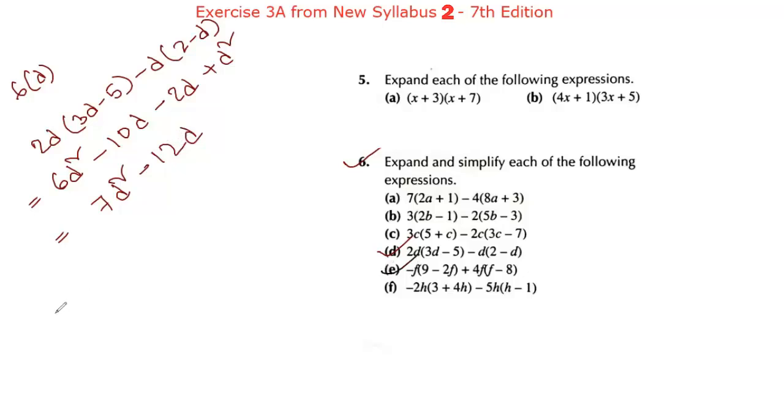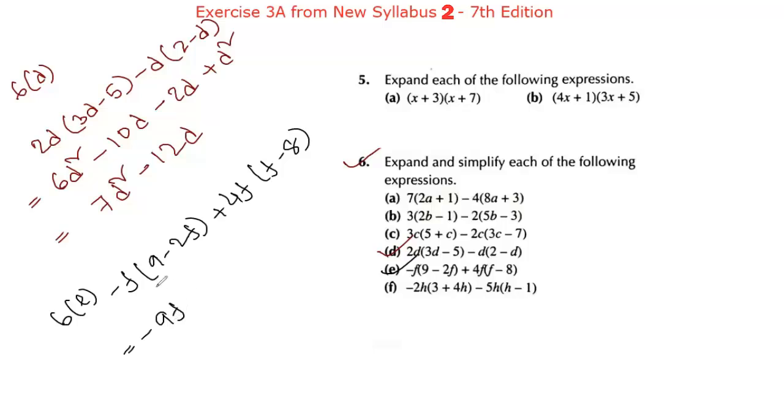Now 6E. 6E says minus F into 9 minus 2F plus 4F into F minus 8. So at first, F into 9, minus 9F, minus into minus plus 2F into F, F squared, plus 4F into F will be 4F squared, plus into minus minus 4 8s are 32F.